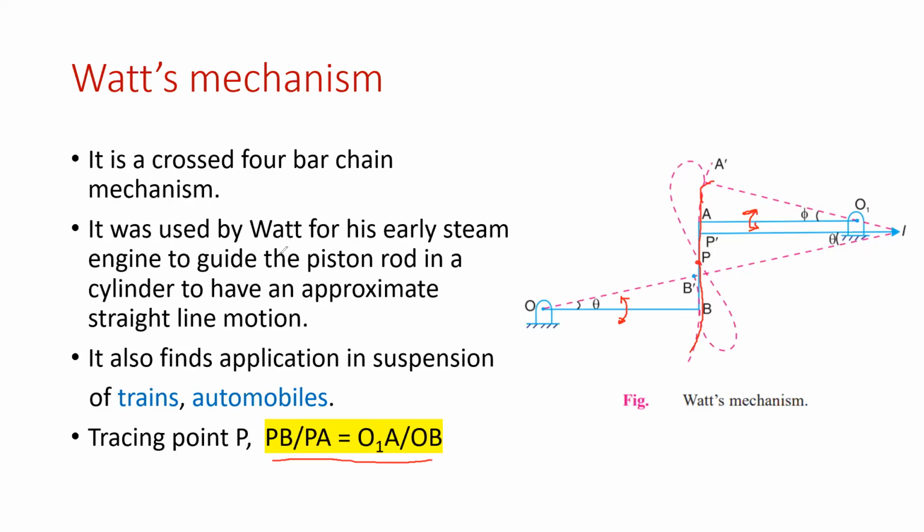In those days, the scientist Watt used his invention, that is Watt's mechanism, in the steam engine to guide the piston rod in a cylinder to have an approximate straight line motion. So it is a very old mechanism invented by Watt himself.